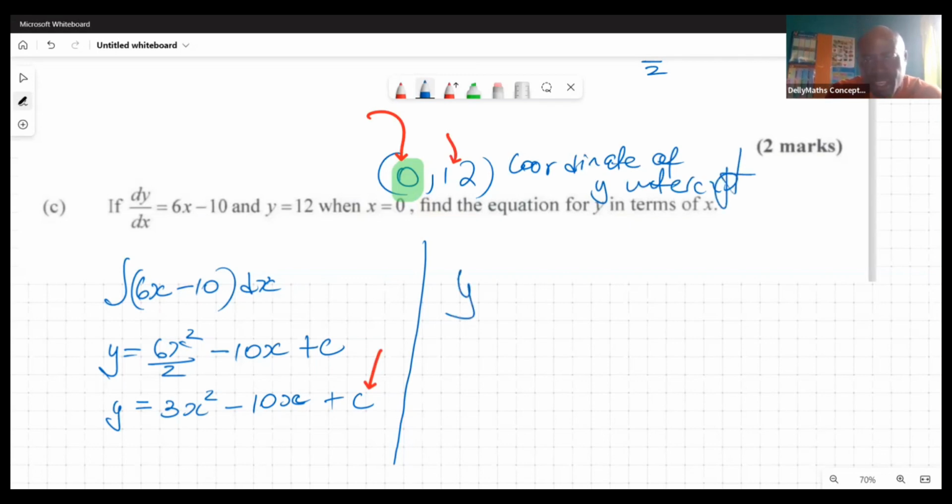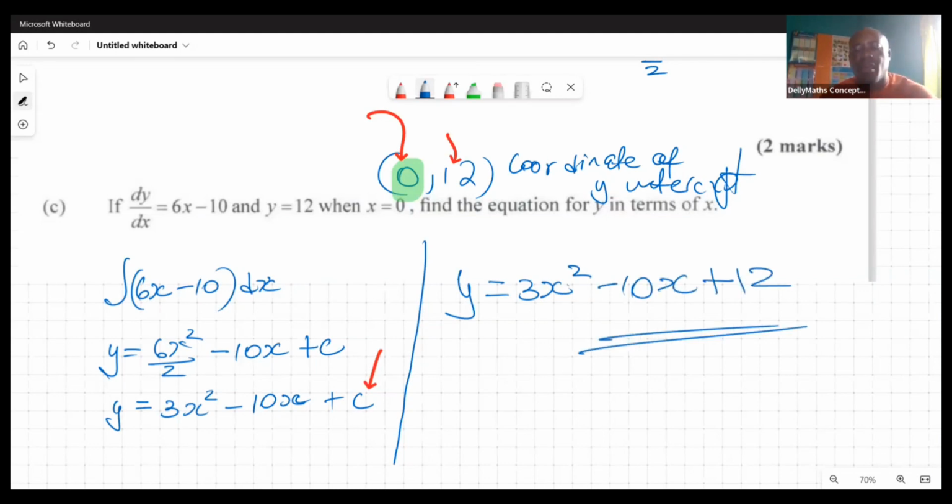Therefore, the equation is y is equal to 3x squared minus 10x plus 12. That's it. And the reason I could draw that conclusion again is because for every y-intercept, the x value is 0. That means I'm at my end. All right. There you go.